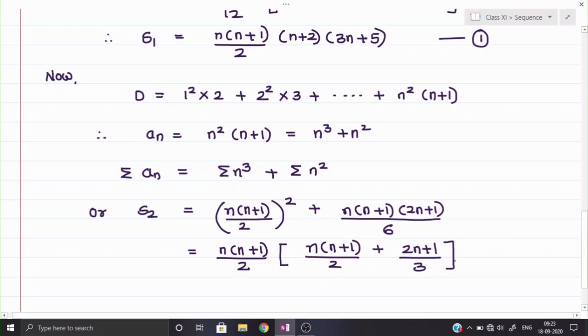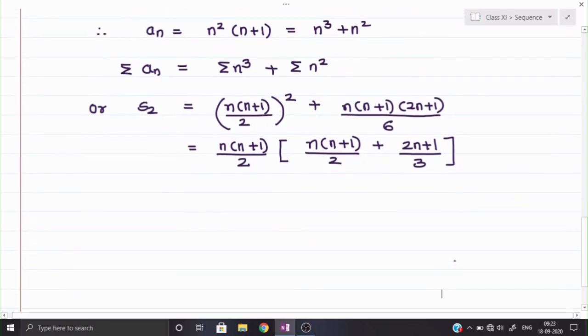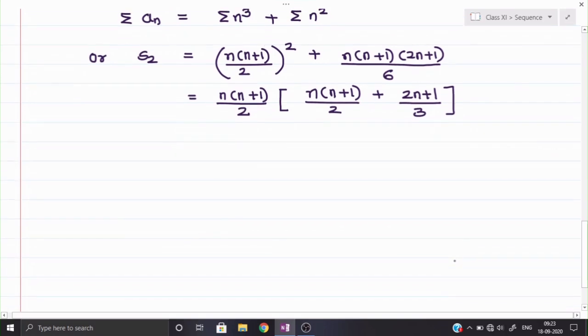So now let us take the LCM. Okay, so first n into (n plus 1) upon 2 will be as it is. Here LCM I am taking 6. Cross multiply, this will be 3n into the bracket (n plus 1) plus 2 into the bracket (2n plus 1).